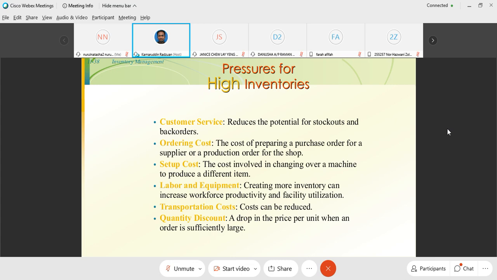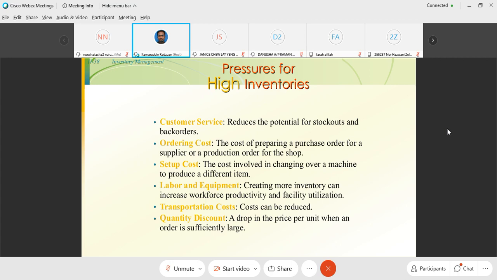Same as the setup cost, the cost involved in changing over a machine to produce a different item. If we have a high inventory, the repetitive process of machine setup will be low and directly we decrease the setup cost. Labor and equipment: creating more inventory can increase workforce productivity and facility utilization.